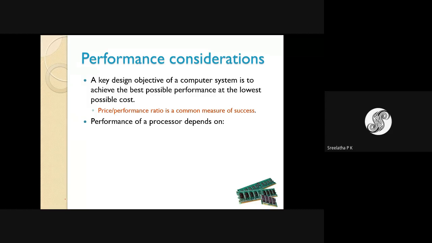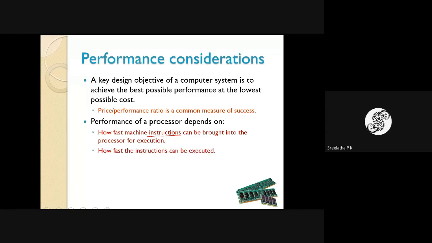Good performance based on a higher RAM and a higher cache memory alone is not ideal because the cost of the system also matters. Performance depends on how fast the data or instructions are brought to the processor for execution, and also on how fast the execution takes place in the processor.